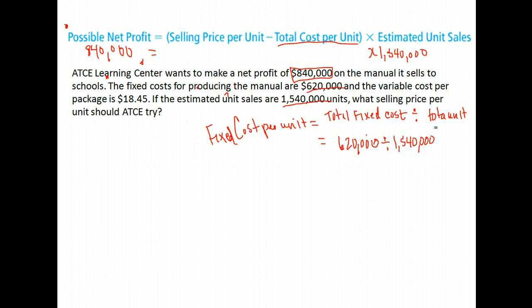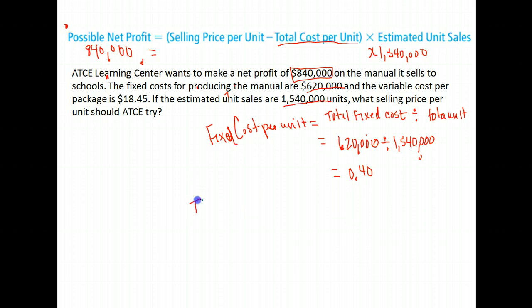So we start with that, 620,000 divided by 1,540,000. Okay, when I do that, I want to round to the nearest cent, which is 2 decimal places. So I get 0.4025, or I round that off to 40 cents.